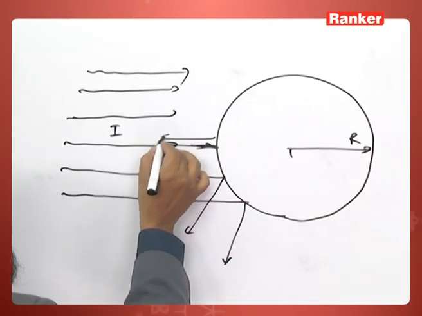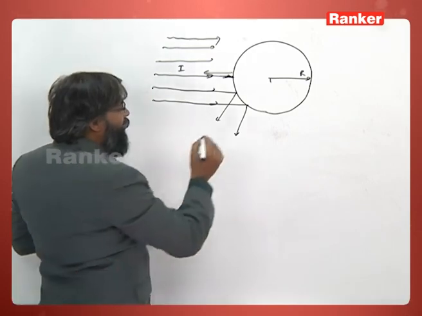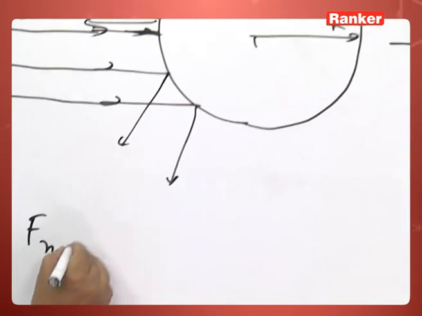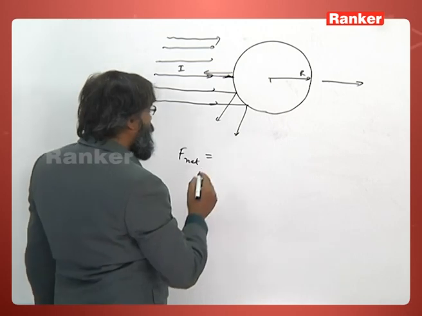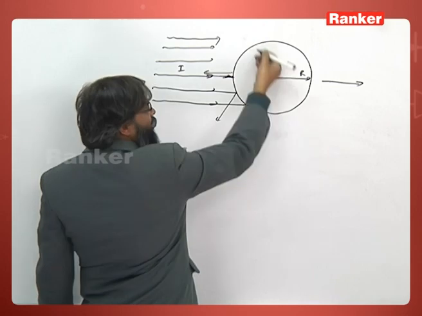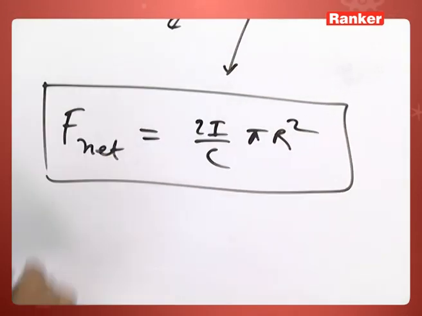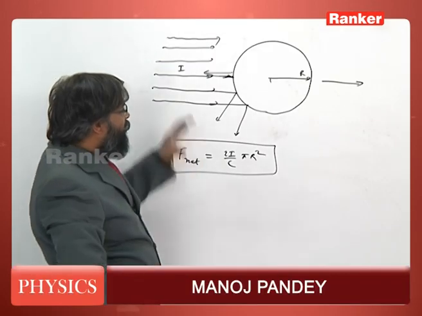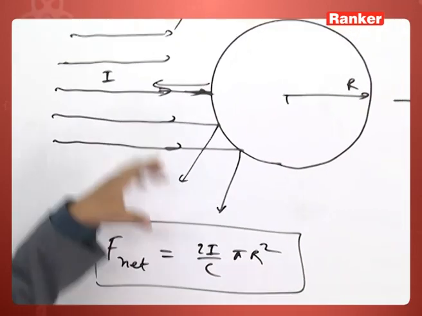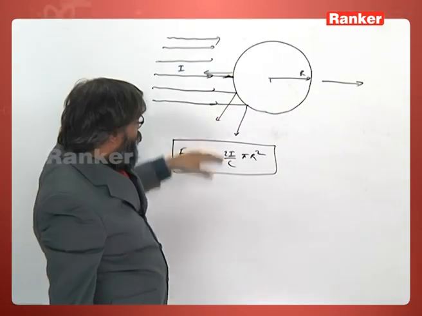This is normal incidence, it will get normally reflected. So in a similar manner, we can get the result that the net force F acting on this sphere will be equal to 2I by c. The cross sectional area will be taken into account as we have done in our previous problem. In this sphere also we will get the same type of force because of the same symmetry as the hemisphere, so we will get the same result.